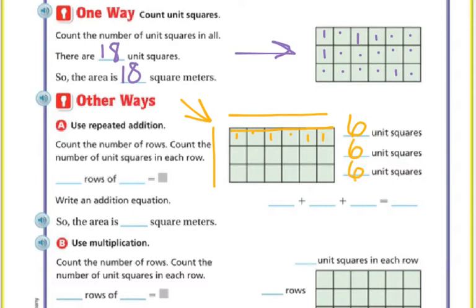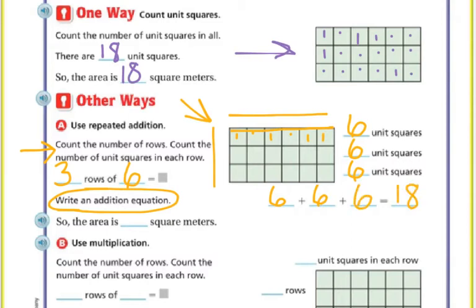So I can count the number of rows, count the unit squares in each row. I know that there are 3 rows of 6, so I can write an addition equation. Let's do that here. 6 plus 6 plus 6 equals 18.